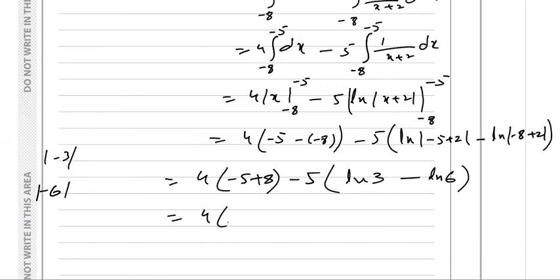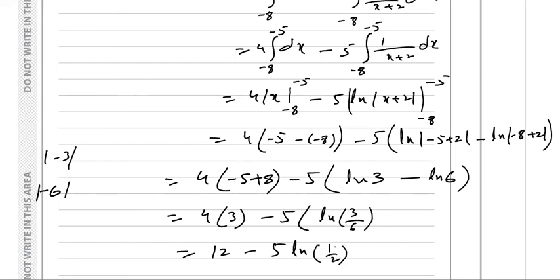So it is going to be 4 into 3 minus 5 into, and this one you can write using the logarithm property, it can be log of 3 over 6. So 12 minus 5 log of 1 over 2.